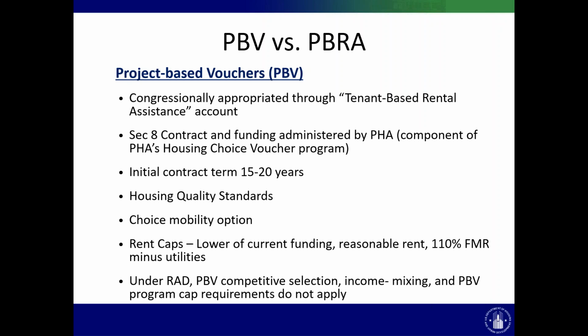Under project-based vouchers, and under RAD, rents are capped at the lower of the current public housing funding level or reasonable rents, which are 110% of FMR, less utilities. Most often, the other rent caps don't come into play, and it's the public housing funding level, or the RAD rent, that is the governor of how the rents will be set.